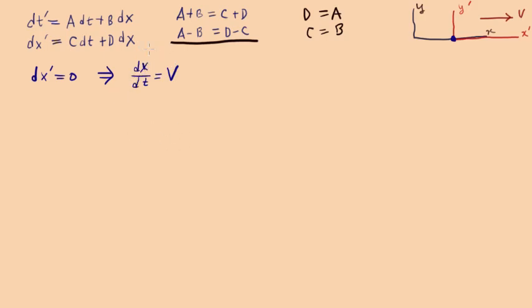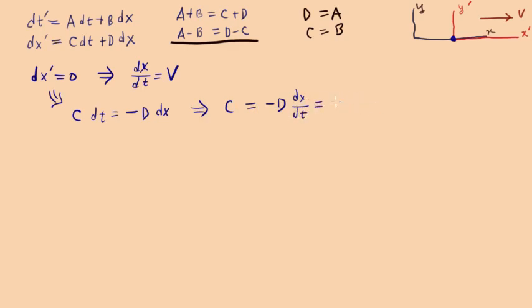So if that's the case, then we can figure out the relationship between C and D, or A and B here. So if dx prime is 0, then what we get is C dt equals negative D dx. So dx/dt equals v, so that means let's divide both sides by dt, so that means negative D dx/dt.